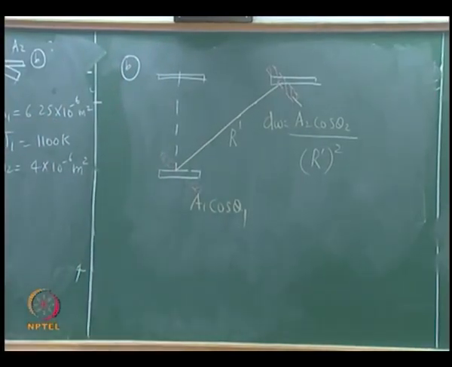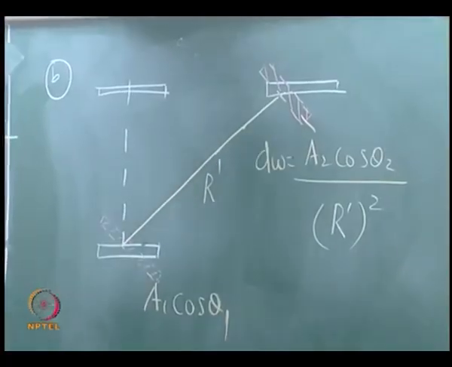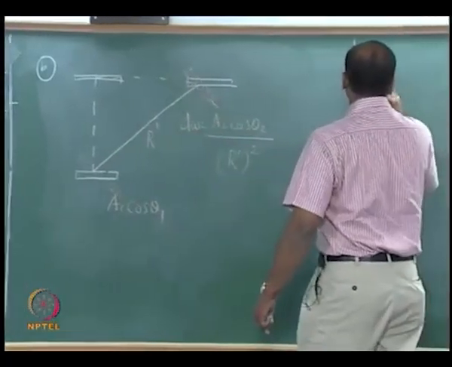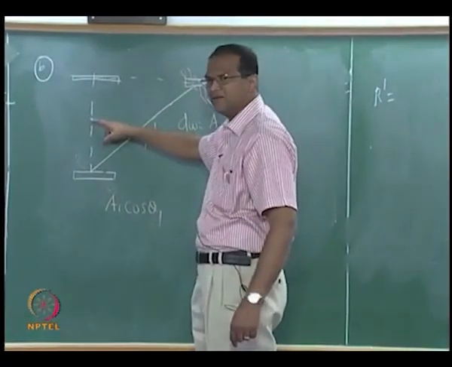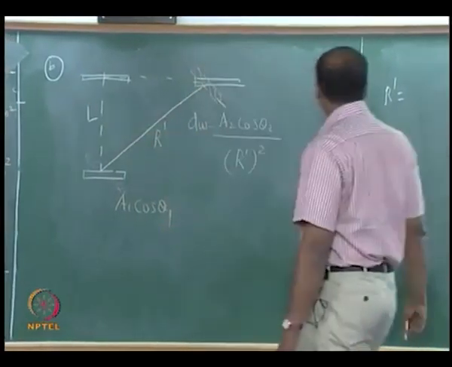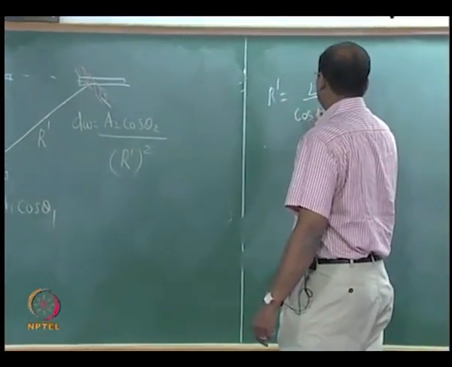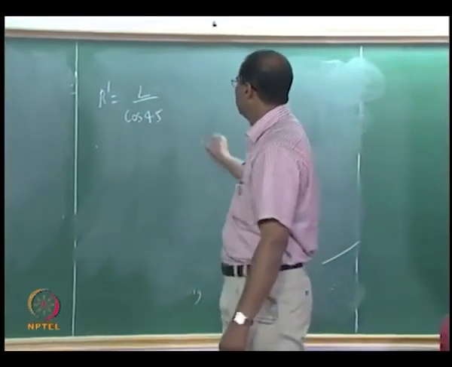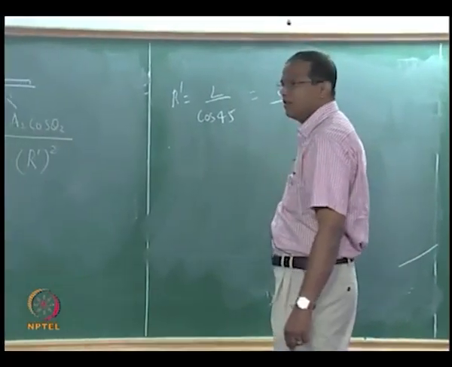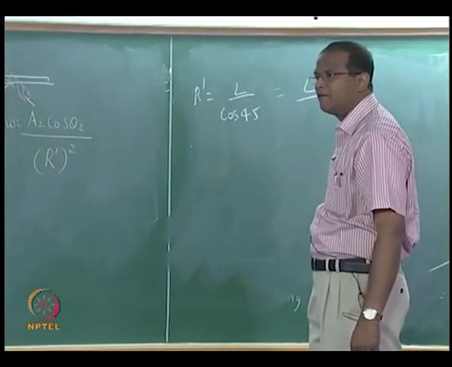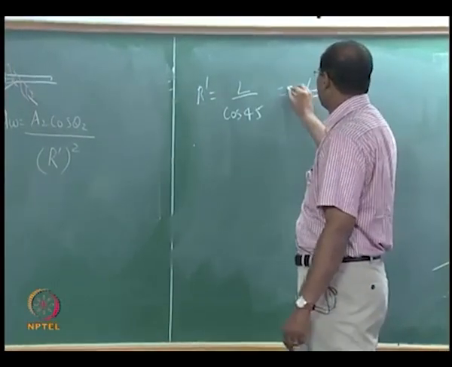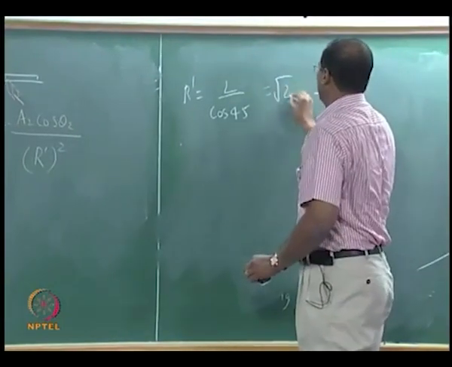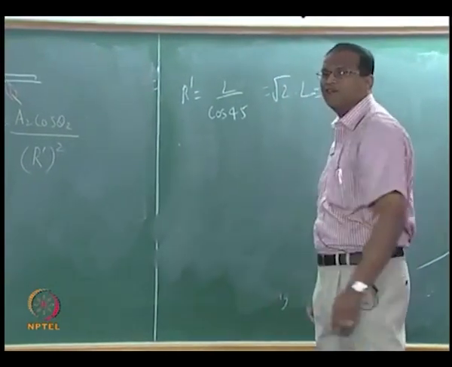Is it okay? Now first we have to get the R dash. Did we call it L, okay, doesn't matter. 1 by root 2, root 2 L, 0.566.